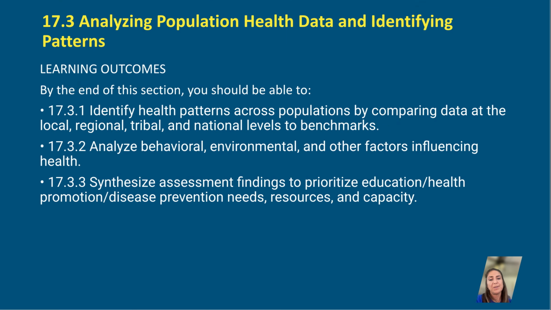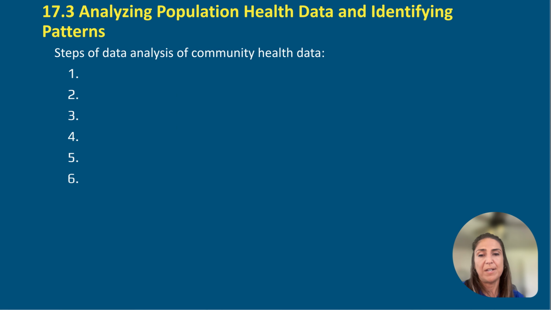You should also be able to analyze behavioral, environmental, and other influencing factors that shape population health, and synthesize assessment findings to prioritize education, health promotion, and disease prevention needs and resources, and also the community capacity. These outcomes will guide the focus as we move into this section and look at the patterns.